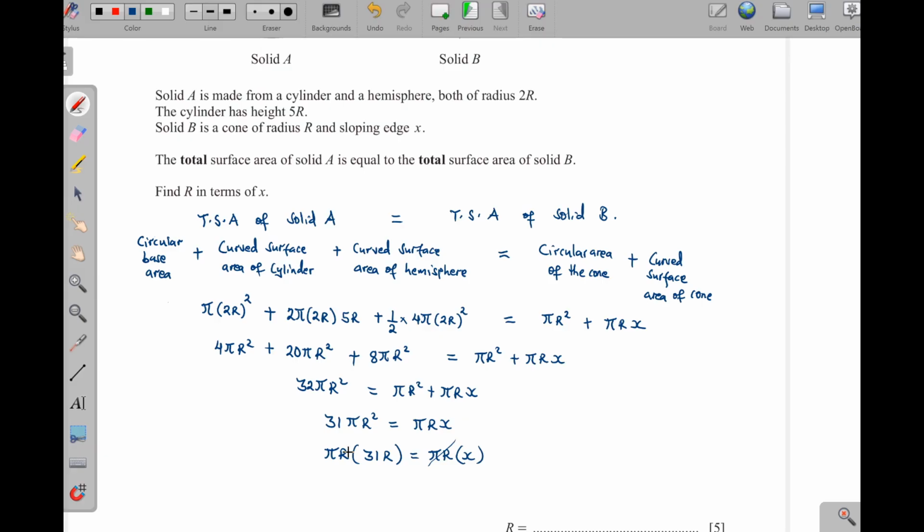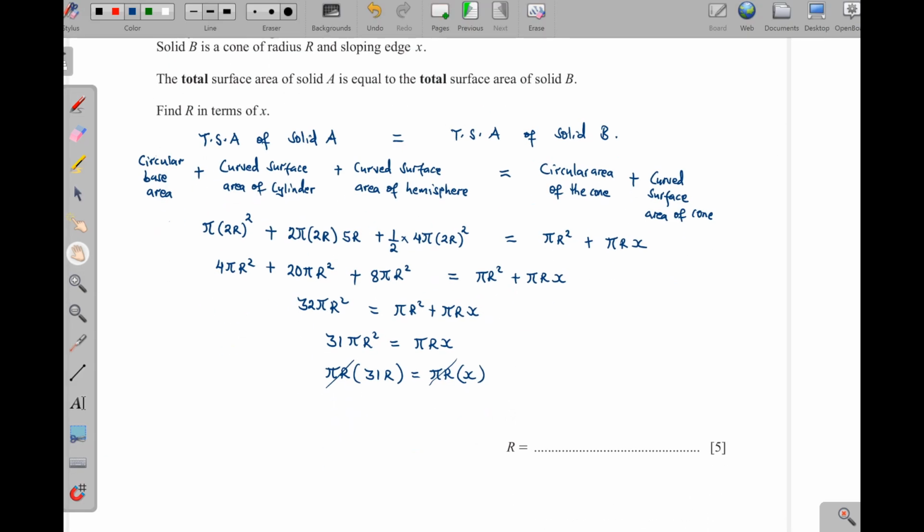So I can have this one cancelled. Then we have 31 of r then is equal to the x. Not so? But we are finding r in terms of x, so that means r will be equal to x out of 31. So we write here x out of 31.